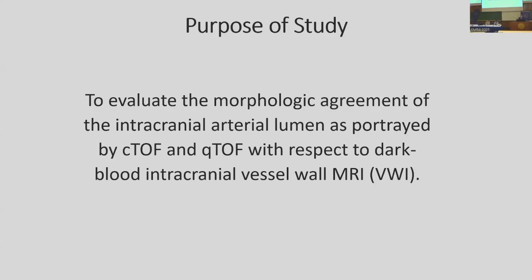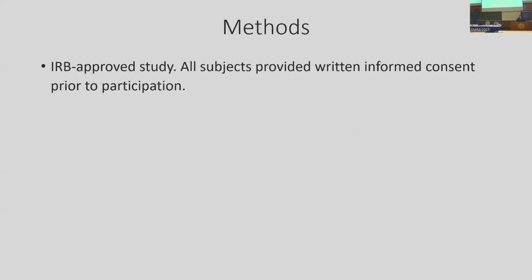So the purpose of our study was to evaluate the morphologic agreement of the intracranial arterial lumen as portrayed by conventional time of flight head MRA, as well as quantitative time of flight head MRA. And we did this by comparing our results to dark blood MRA, specifically intracranial vessel wall MRI or VWI, as we've heard a lot about at this meeting.